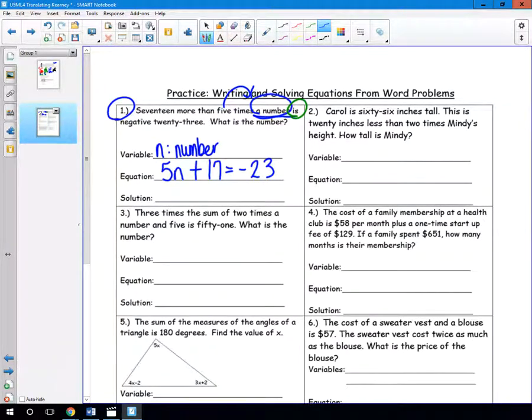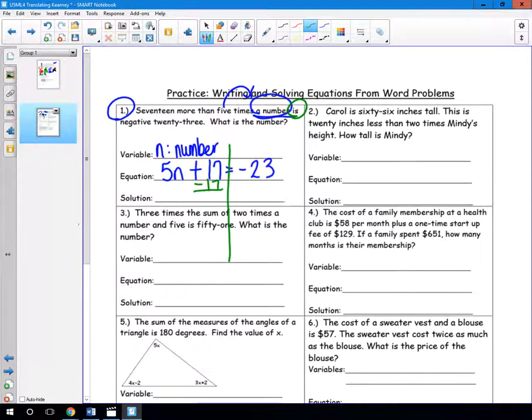Now think back to how we solve equations. How was it built? What did you do to n first? You multiplied by 5. Then what did you do? You added 17. So if we unbuild it, what's the last thing you did? You added 17. How would we unbuild adding 17?